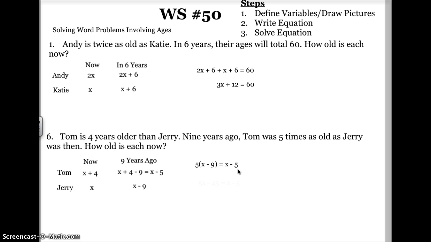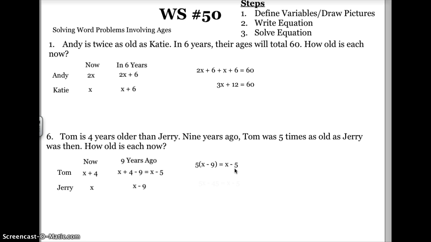It's important in these problems that you multiply whoever is the youngest one by the amount of times they are younger than the older one. Since Tom is 5 times older, I'm going to multiply Jerry's age by 5, and that should be equal to Tom's. I always multiply the younger one by the number to get the older one.